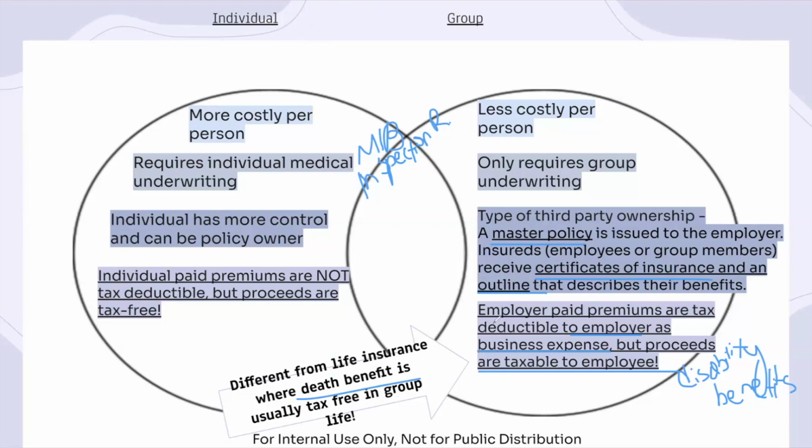So make sure that we note this subtle difference, but it's there. On the exam, if you look at the content outline, they always have a section on taxation, and you just want to be aware of this nuance.